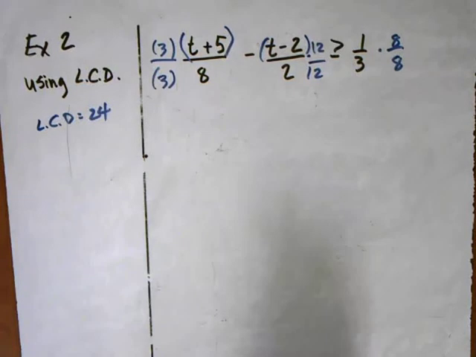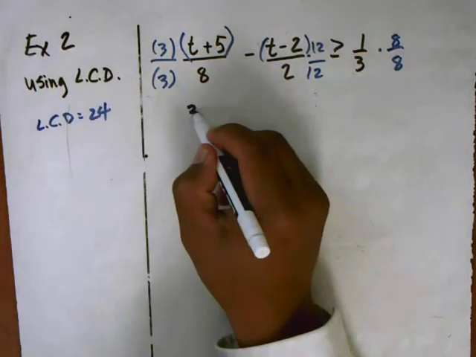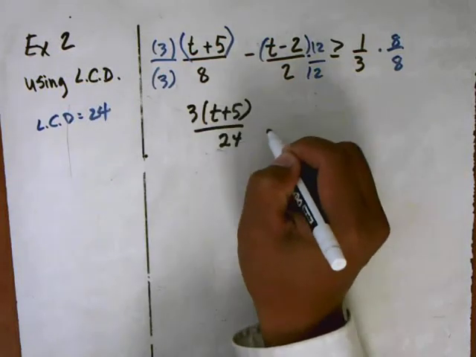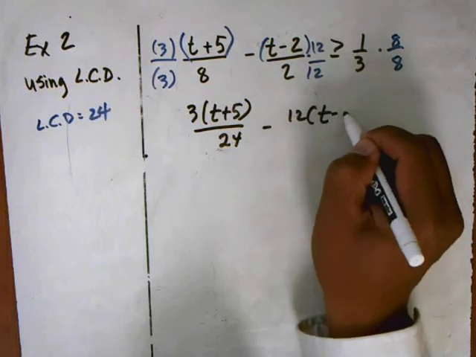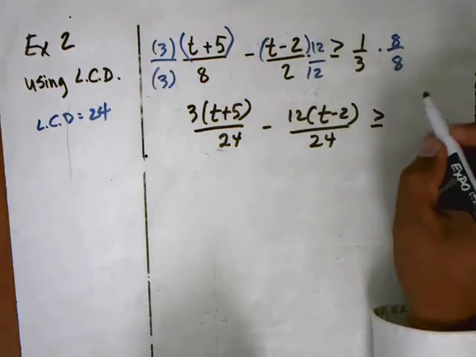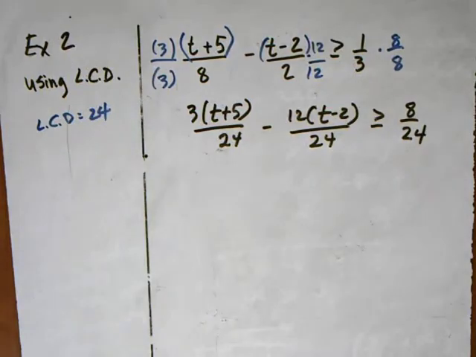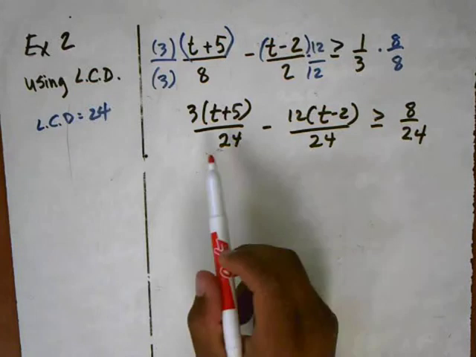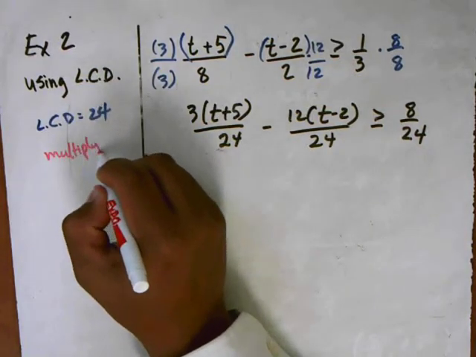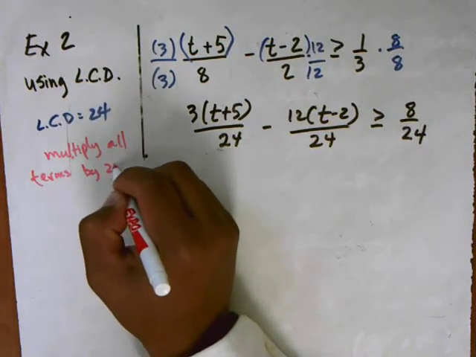Okay? And once I do that, I get a new inequality. It's 3 times quantity t plus 5 over 24 minus 12 times quantity t minus 2 over 24 is greater than or equal to 8 over 24. Okay. And then the nice thing about this is, since all of the denominators are the same, we can multiply all of the terms by 24.